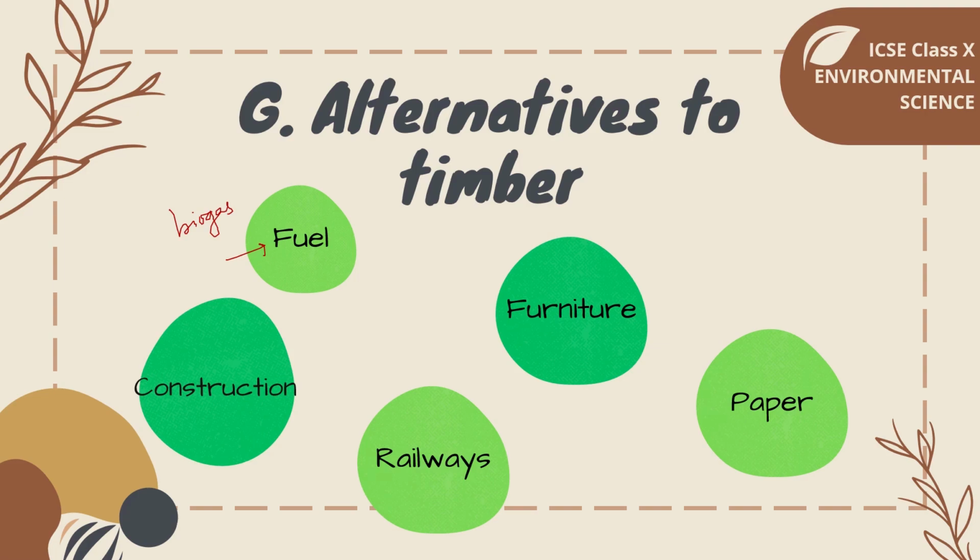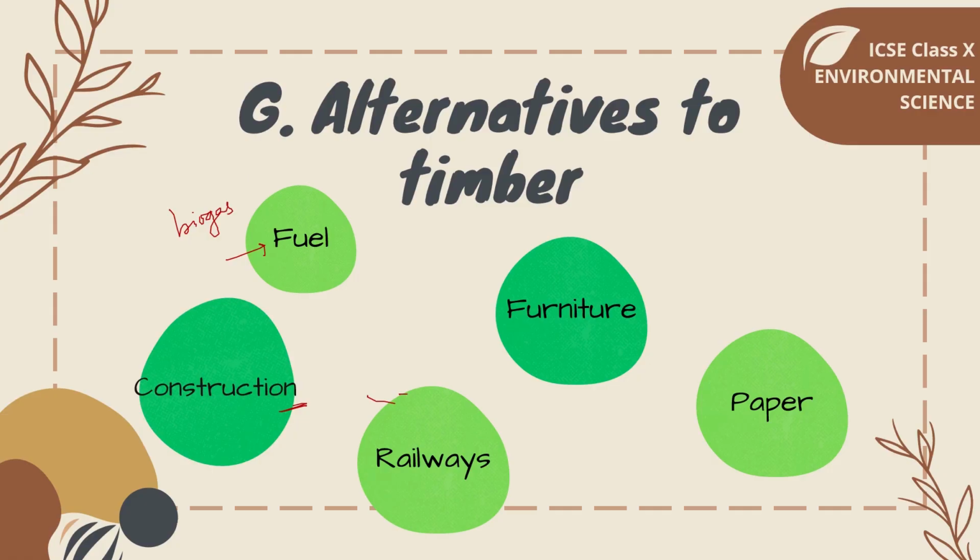Timber is also used in construction material, especially in the cold countries. So we need to go for other alternatives like concrete or metal units which have thermal treatment, or the door and window panels need to be made of metal. So we need to look for alternatives to the timber in construction as well. In railways, wooden sleepers are used, and instead of wooden sleepers, we can maybe shift to concrete or even metal.